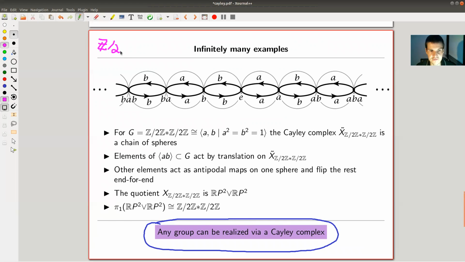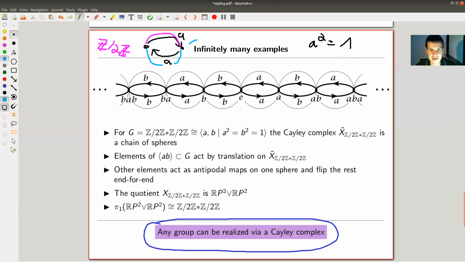If I have Z mod 2, then the Cayley graph, of course, looks like this, let's say with one generator, a. And the relation is, of course, a squared equals 1. So I have one relation, I have two vertices, so I should glue in two disks. This is done by creating, let's say, an upper hemisphere and a lower hemisphere.